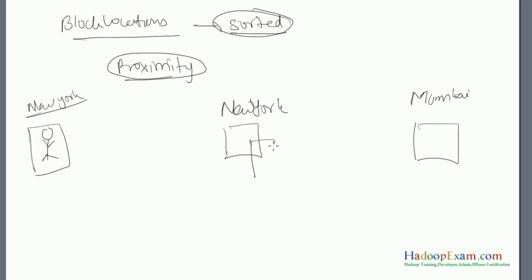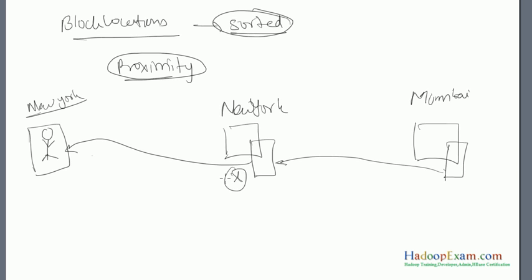So which copy of the block should be returned first? Obviously the one near New York would be written first in the array returned by the name node. So this is a sorted list. The Mumbai location is also returned, but just for information, in case the read from this data center fails. So that's why it is always in sorted order.